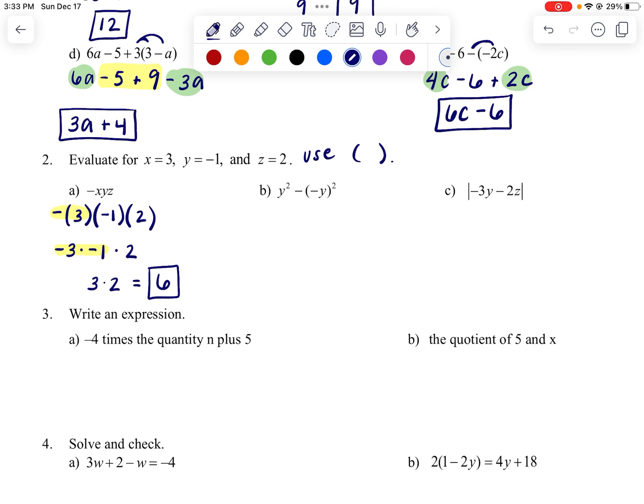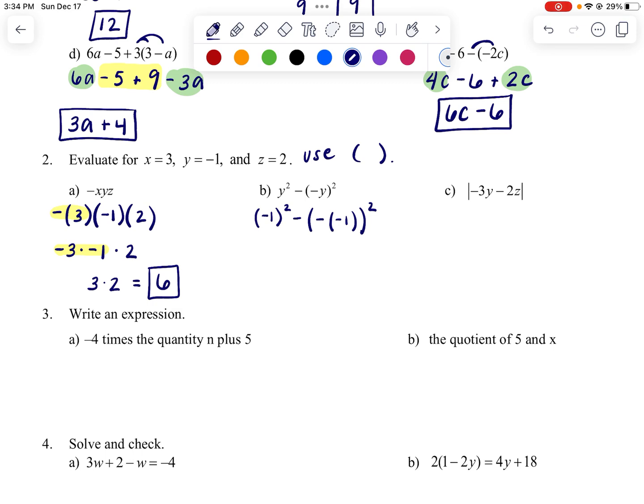So same thing here. I'm going to plug in using parentheses. Negative 1 squared minus a negative parentheses, then I'm going to plug in a negative 1 squared. So this is a little bit tricky.